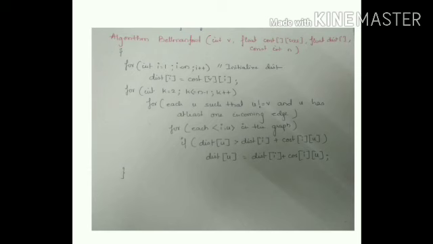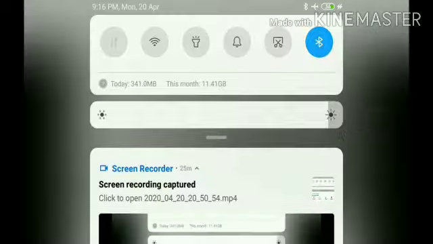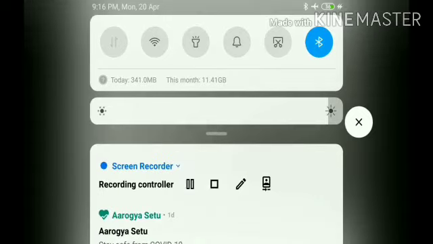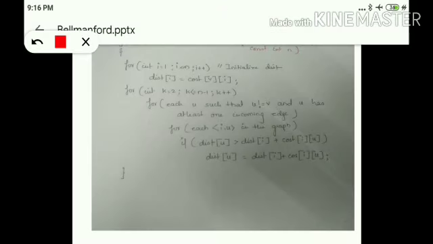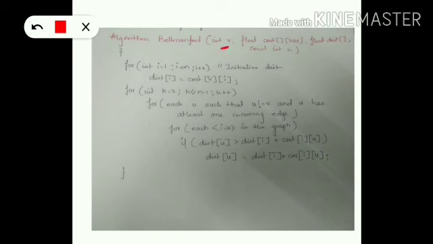Okay, so coming to the Bellman-Ford algorithm here, you are given the source vertex v, you are given the cost matrix, you are supposed to calculate the distance matrix, and you have the number of vertices.